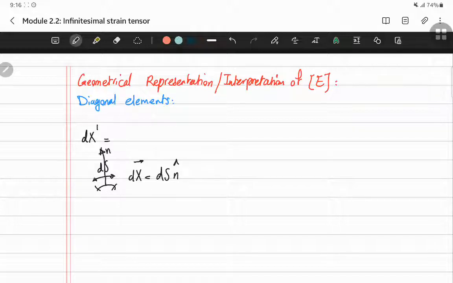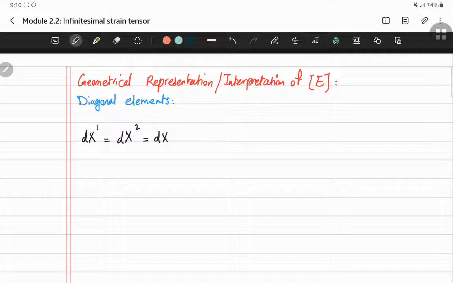So this is a vector. So we use the same terminology here. So we have dx1 is equal to dS, for example, 1 n. And here for the diagonal elements, we assume that we also have dx2, where these two are equal to each other, and we have dS n. So n here is a vector. It is the normal to the surface vector.